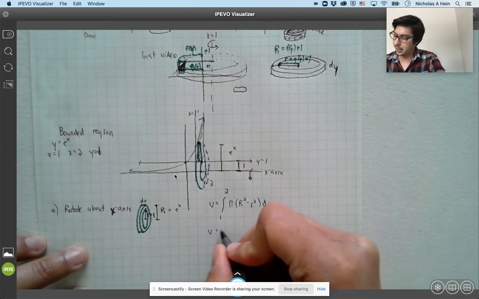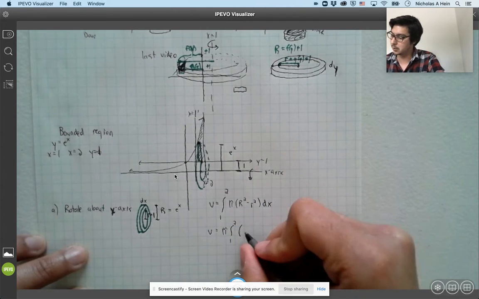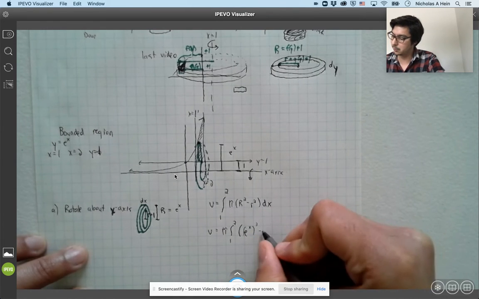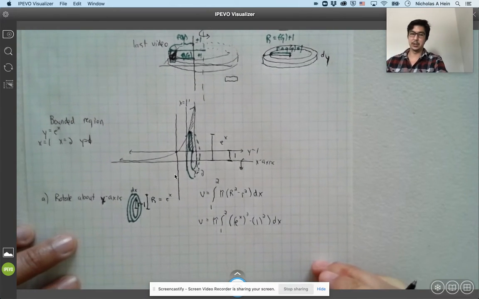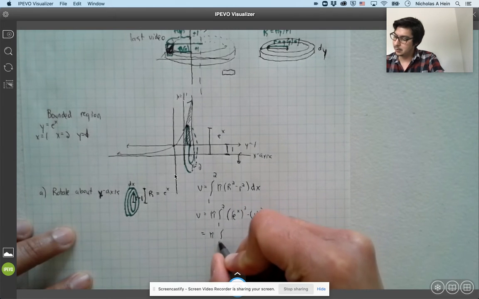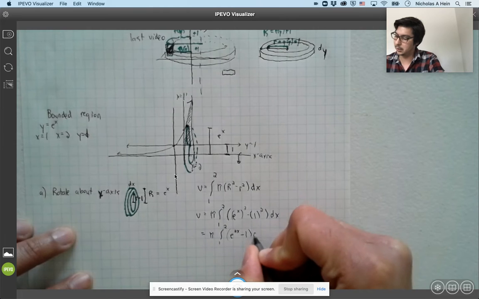I'm going to pull the pi out and say 1 to 2 of outer radius squared, which was e to the x, and all of that squared, minus your inner radius squared, which is 1 squared. Okay, and we'll just do this by hand. I don't think it should be too bad. We'll get pi, the integral from 1 to 2 of e to the 2x minus 1 dx.